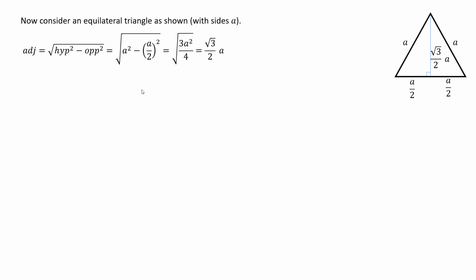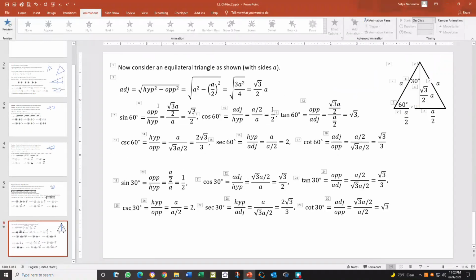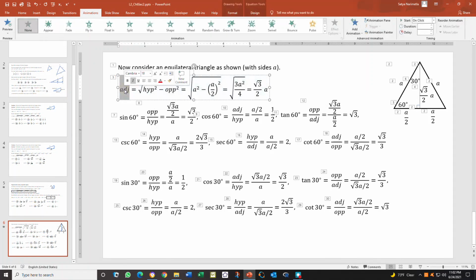I'm sorry folks, I'm an idiot. This ain't no adjacent, man, that's opposite. And that's the one that is adjacent. Okay, now we are in business. Let me save this. I apologize for wasting your time.